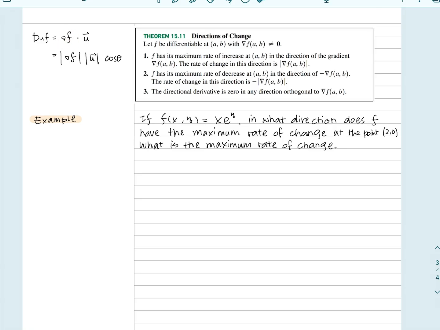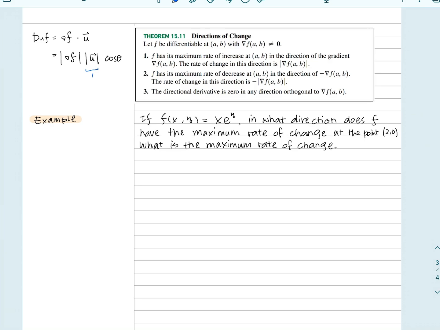That's the length of del f times the magnitude of u times cosine theta. u is actually a unit vector, which means the length of u is always 1. Cosine theta, the maximum value is 1. And when cosine is 1, then the directional derivative has the maximum value.